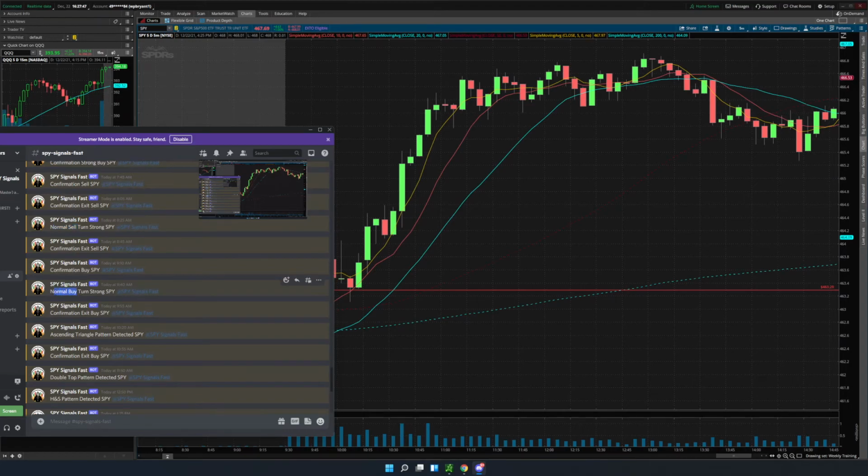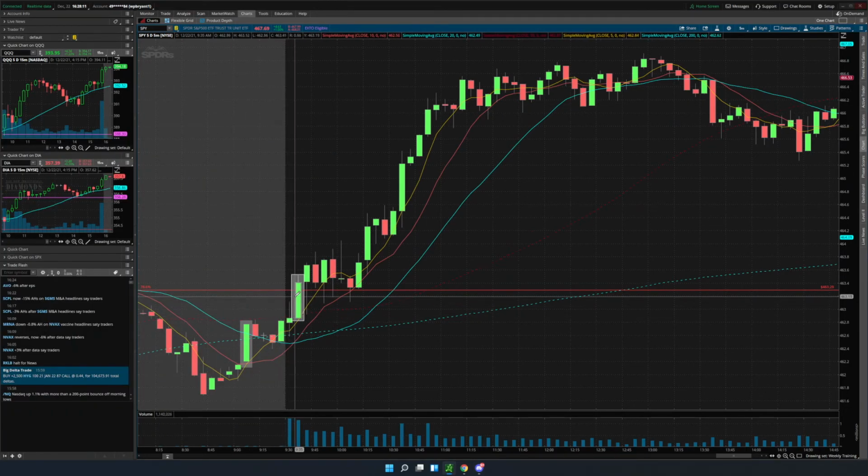A normal buy means the indicators underlying this signal have triggered a buy signal. There's extra emphasis when all the indicators are really moving the same direction, and that gives us the strong buy. Okay, so we got a strong buy at 9:40.